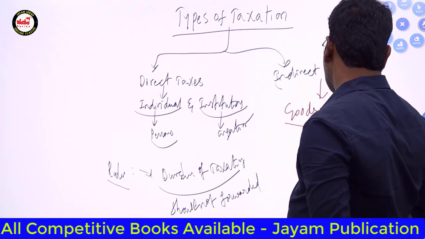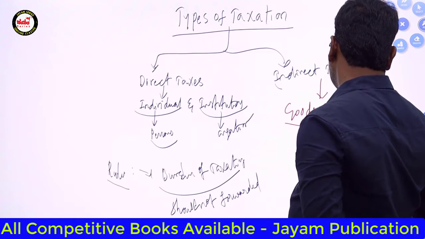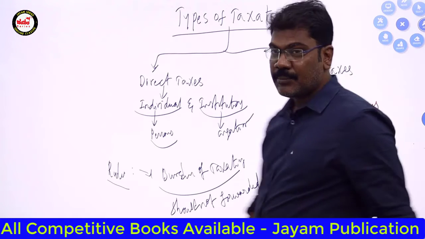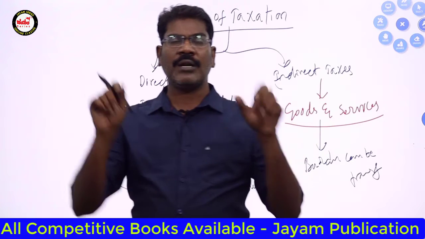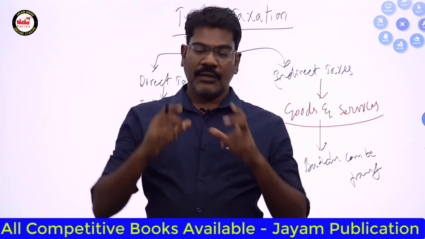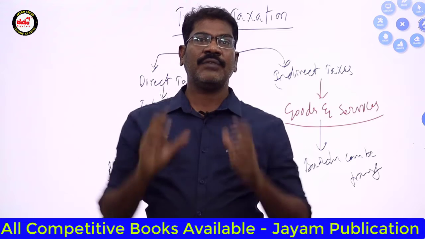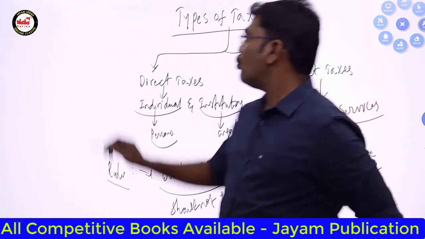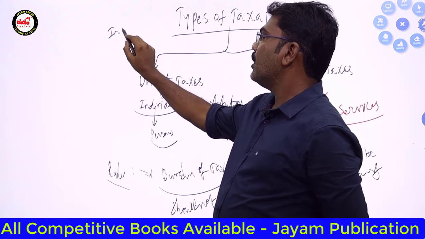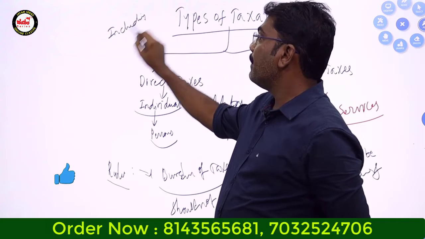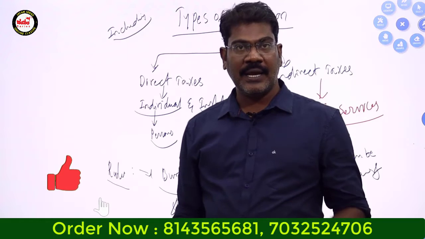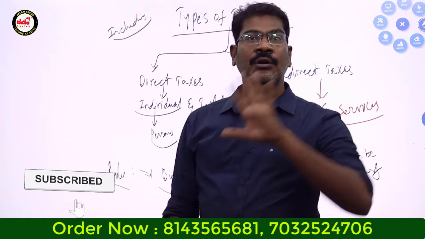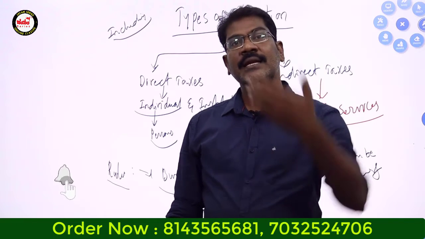Best example: you buy a cake. If you see the back of that cake pouch, you will find "including all taxes". It means the manufacturing company has already paid the tax to the government, but again it is collecting from us.